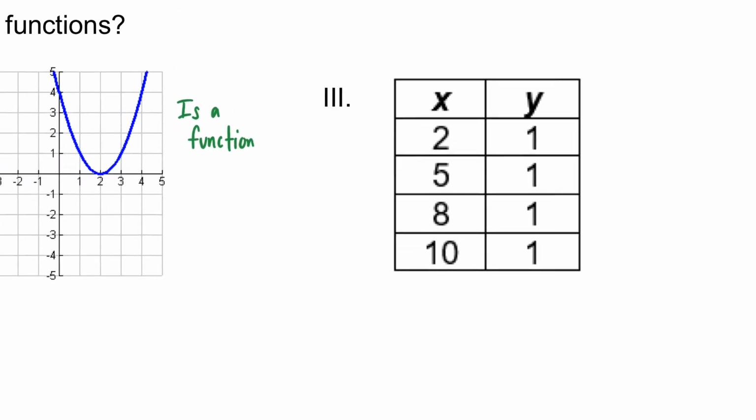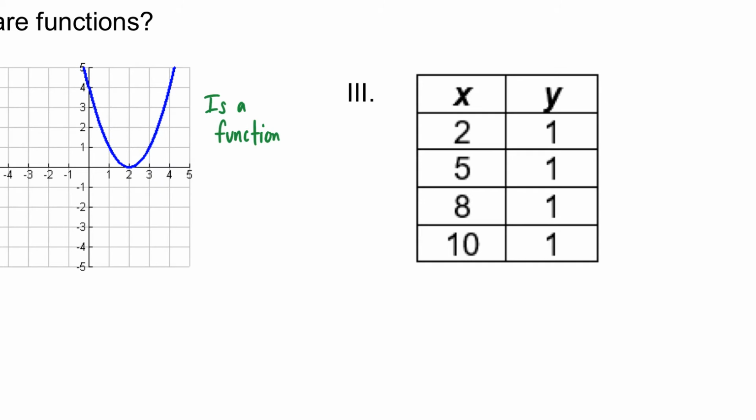Okay? All right. How about number 3? This is what confuses people. I see a lot of people make a mistake on this one. You've got 2 as an input and 1 as an output. That's great. You have 5 as an input, 1 as an output. That's totally fine. As long as you don't see another 2 or 5 later that goes to a different number, then you're good. You have a function. Now, if I saw a 2 later that went to like -6, that would not be a function because you've got 2 going to 1 and 2 going to -6.